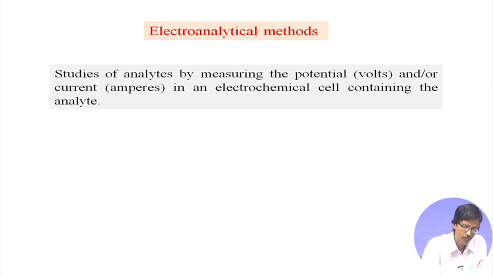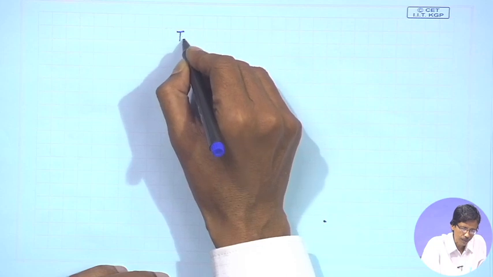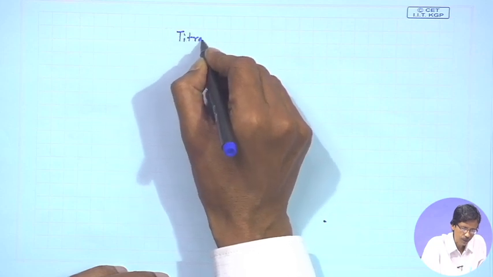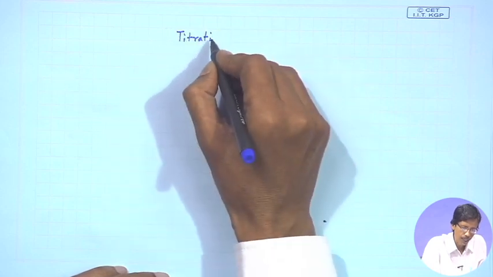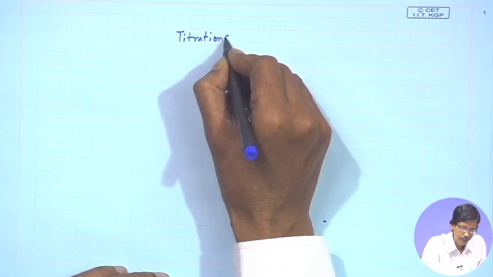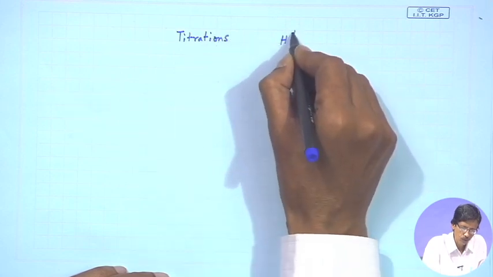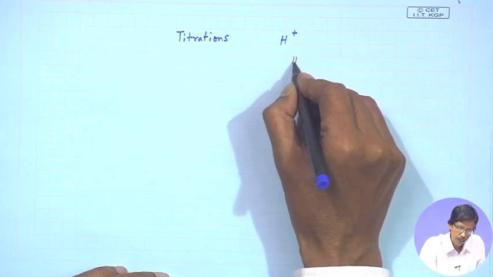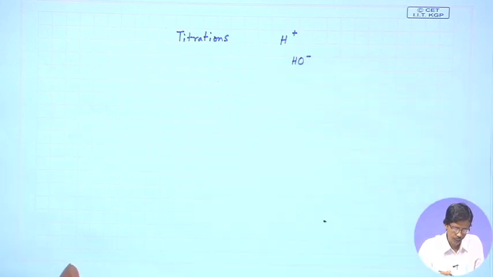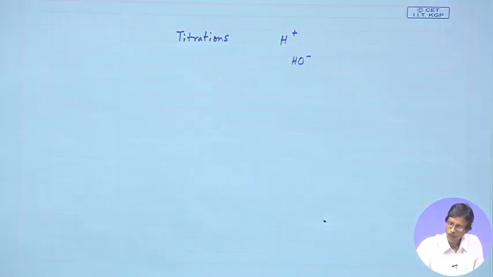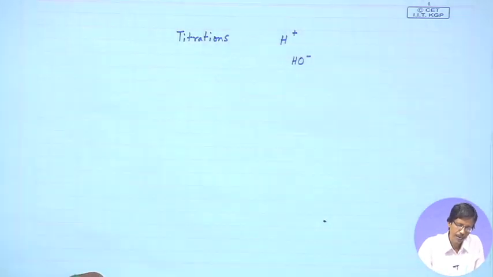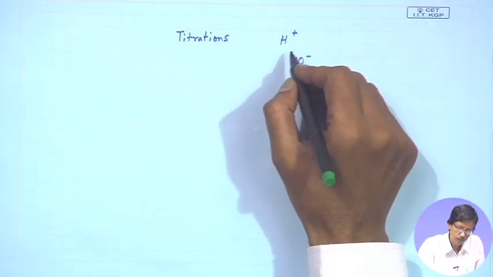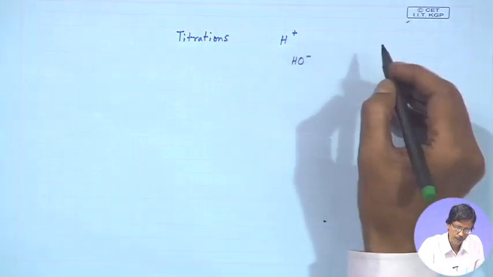We can consider the different types of titrations we know from our earlier classes, the corresponding neutralization reactions between H plus and OH minus, that means hydrochloric acid and the corresponding base, sodium hydroxide.